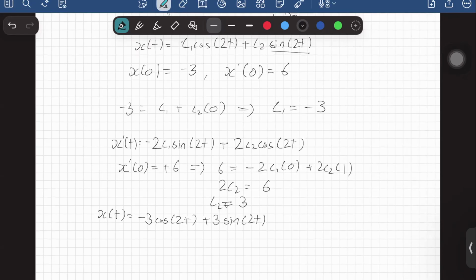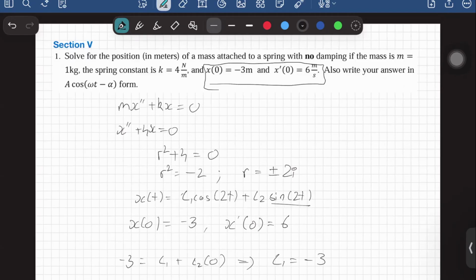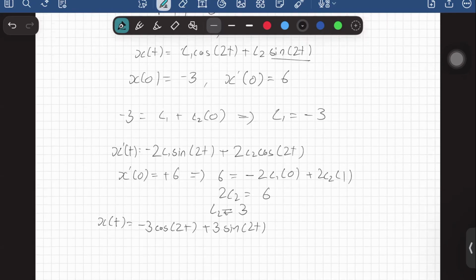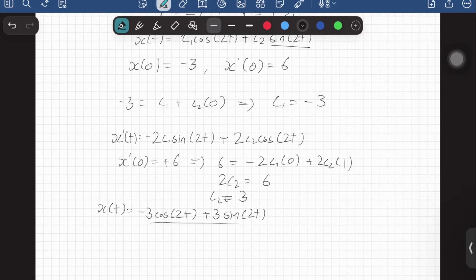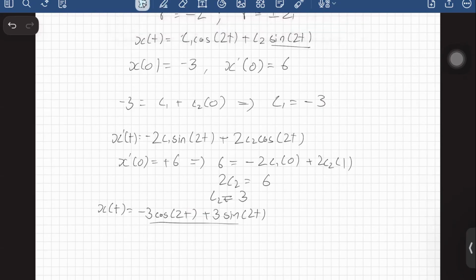But if you guys remember, we have to write our answer in the form a cosine of omega t minus alpha. So if we are to convert this into this form, we just have to compare this equation to the form that's given to us. So I'm just going to copy the whole thing.